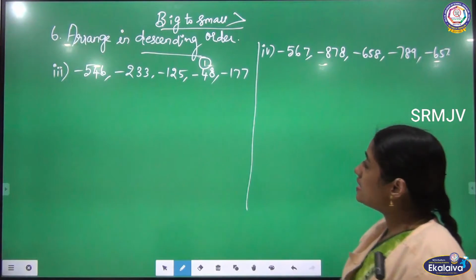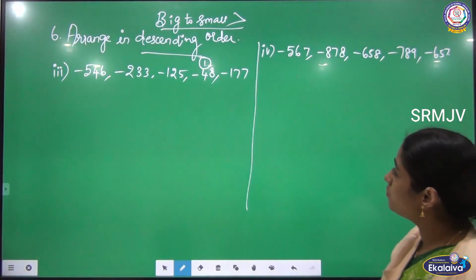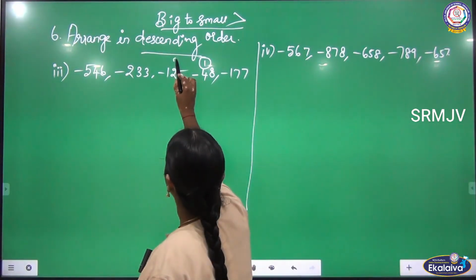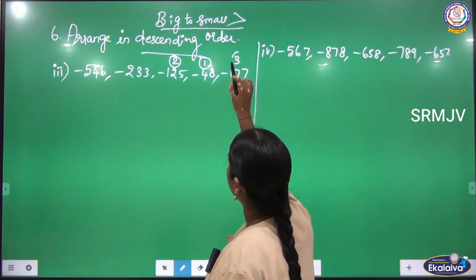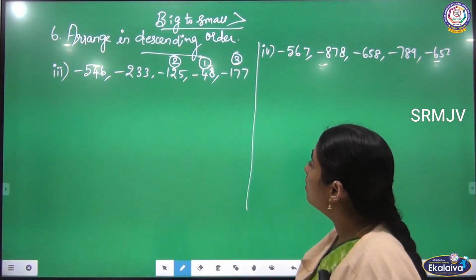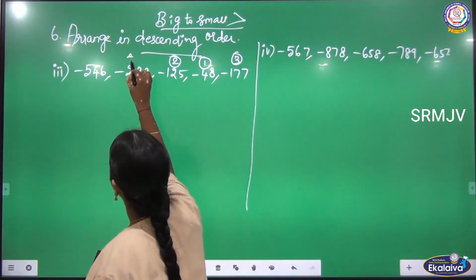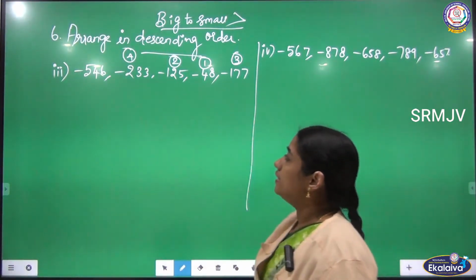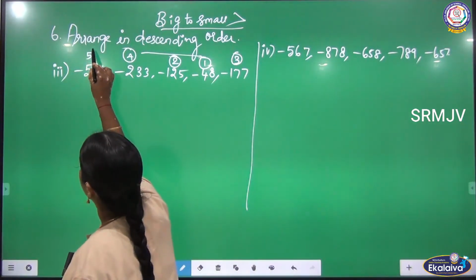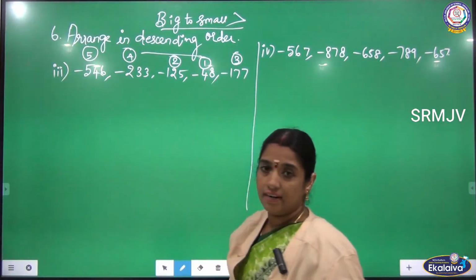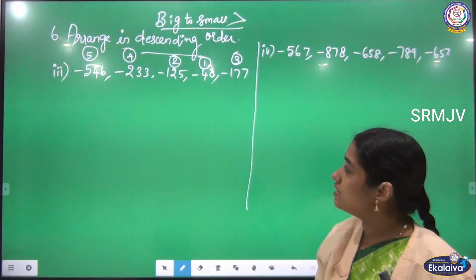Okay. Next, which one is the biggest here? Minus 125. Third one is what? Minus 177. Fourth one is minus 233 and fifth one is minus 546. Is it clear, children?